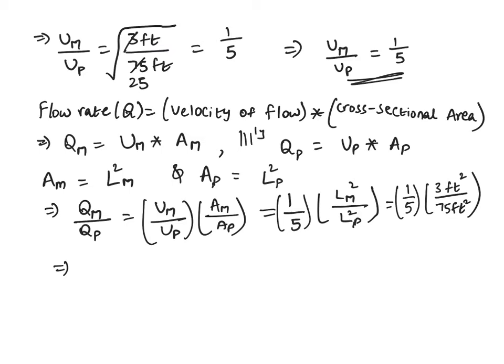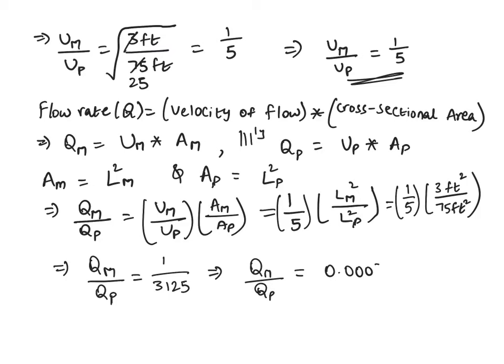After calculations, it comes out that the ratio of QM upon QP, that is flow rate of model to flow rate of prototype, is equal to 1 divided by 3125, which implies the ratio is equal to 0.0032.